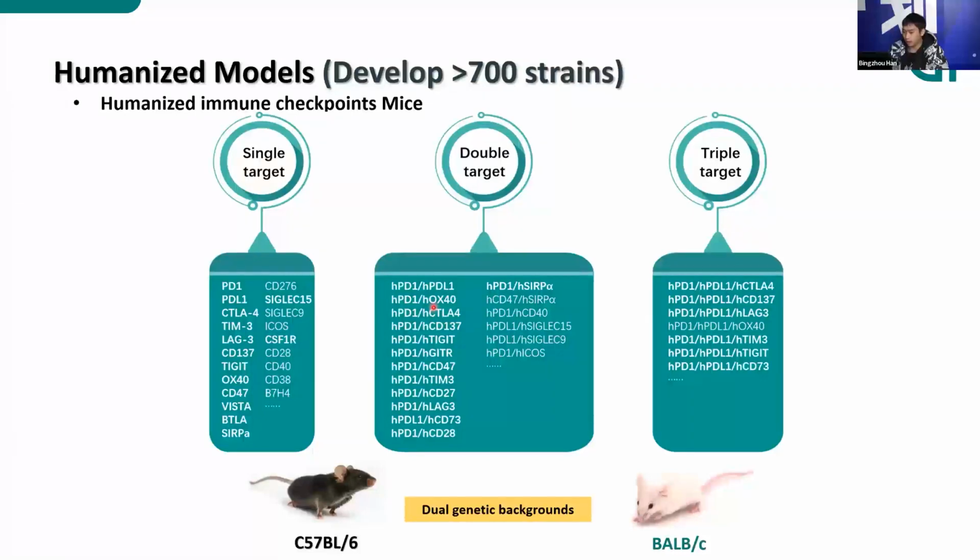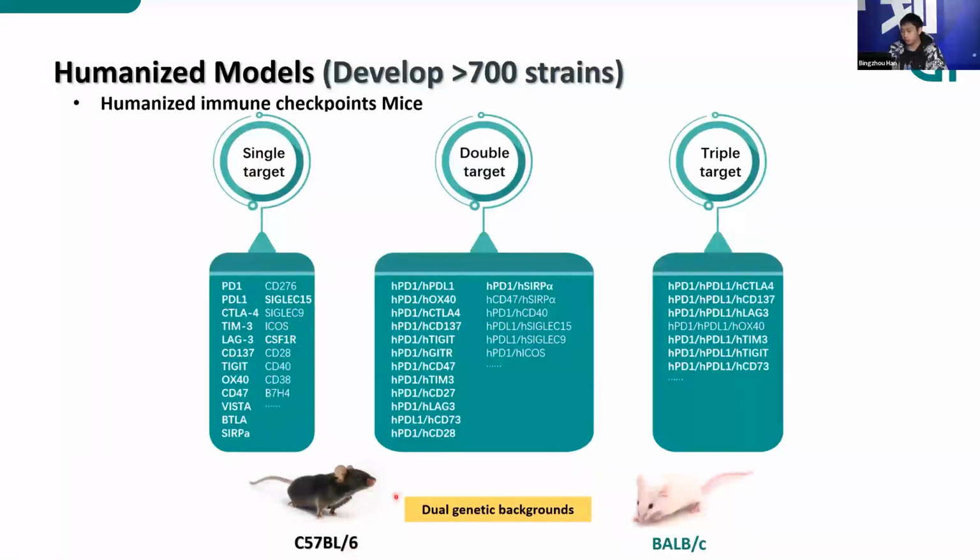The ones in bold here are the strains we already have, and the ones not in bold are the strains we are currently developing or crossing together. And for most of the strains, we developed them in two different genetic backgrounds. One is the commonly used Black 6, and the other is the BioBC.